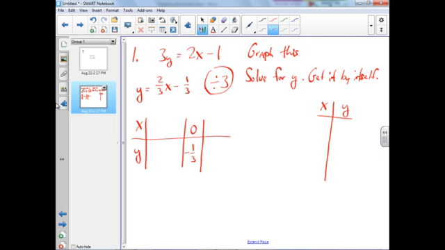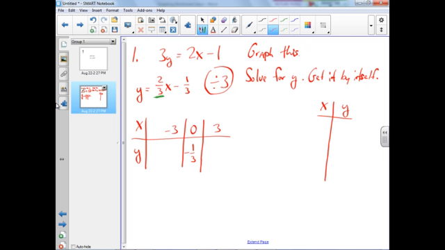Anybody have any ideas? 1, 2, -1, -2. Well, how about we do this? Look at this. There's a 3 there, isn't there? If you say, okay, I'm going to go x equals 3 and x equals -3, maybe that makes your life easier.